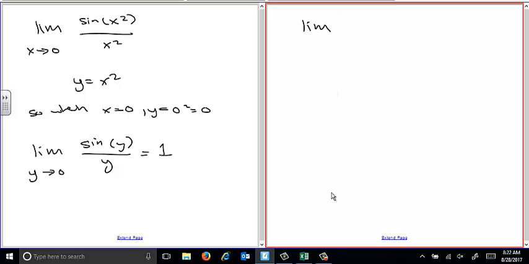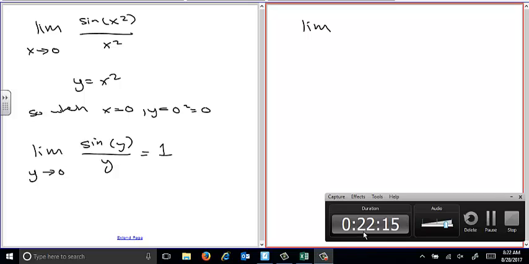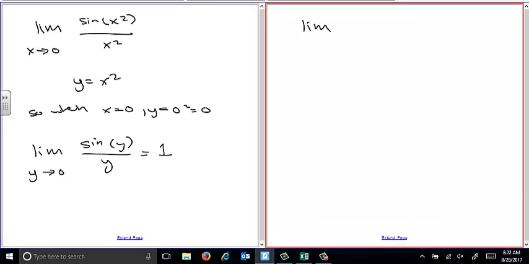The limit as x goes to 0, sine squared of x over x squared equals, anybody get an answer? No? Yes. 1. And how did you do that?